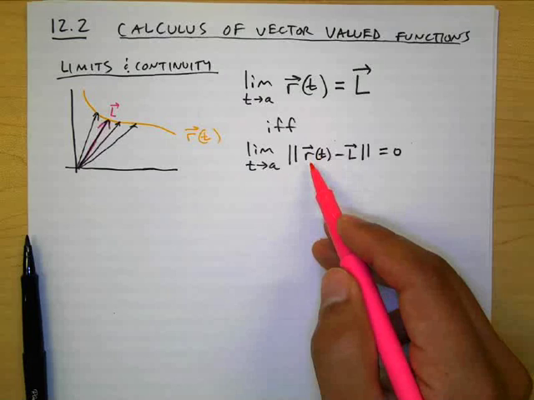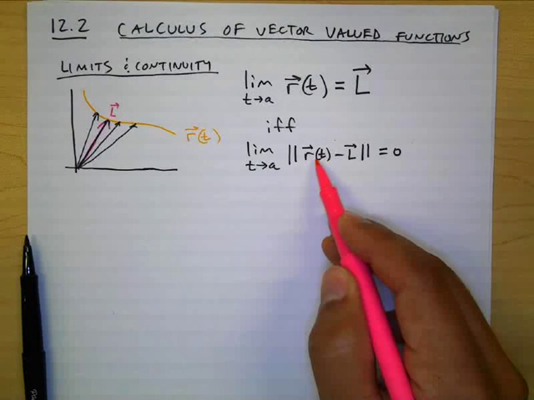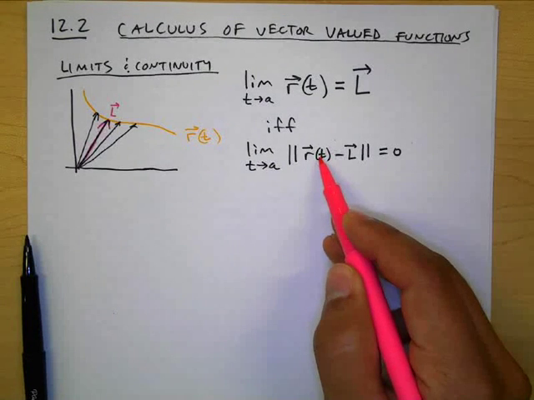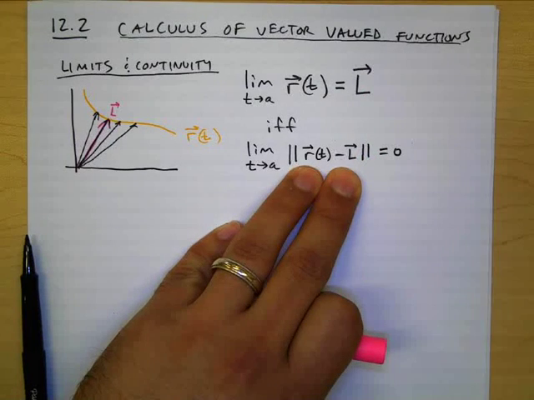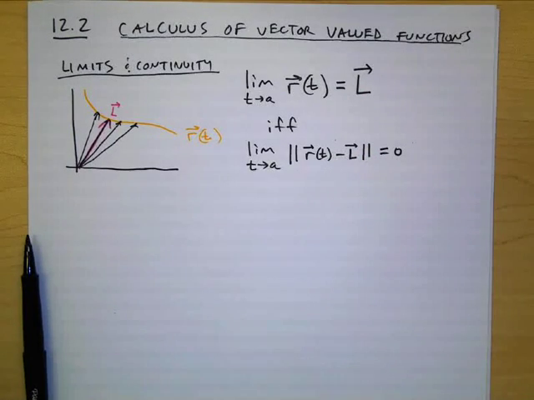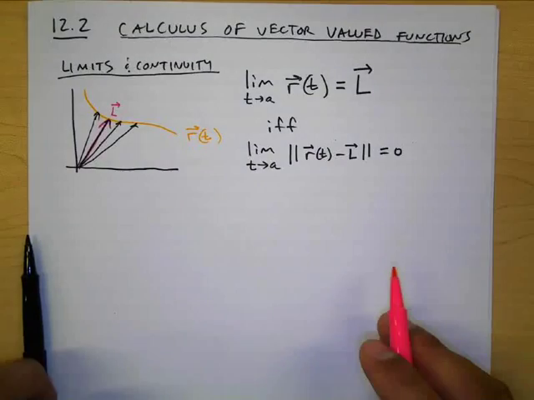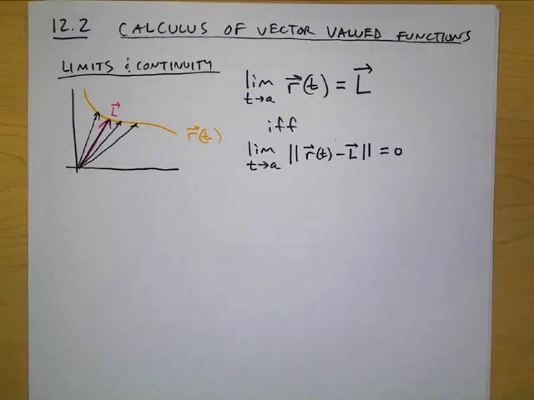So if I were to plug in a, and the components are becoming very close to the actual limit, those components will be the same, so that when you find the magnitude of the difference, it's going to be 0.